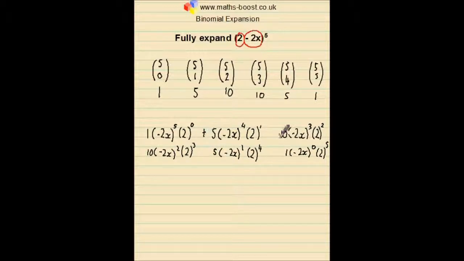Before summing these together. So just like before, I need to simplify these, but I won't do too much at once.